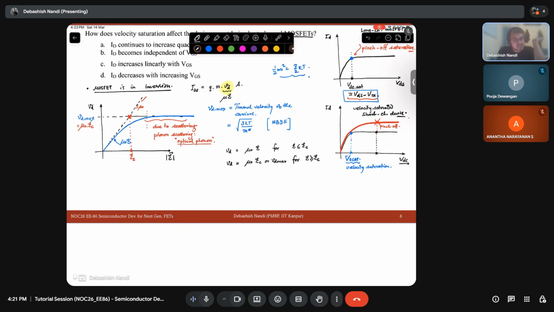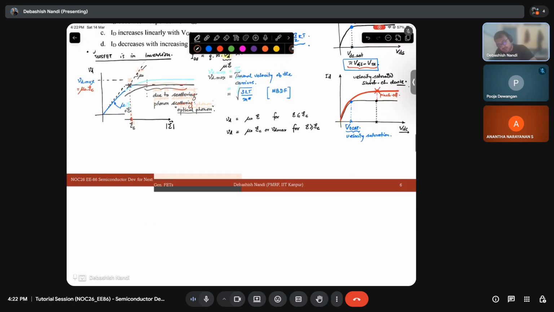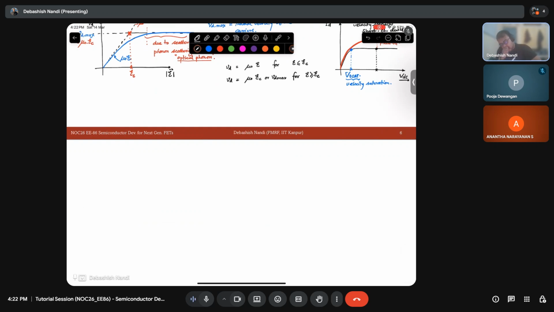Parallel resistances, mobilities, what is the rule? Tell me how do I model this? For example, I have one line EC, one line E. I need to get the lower line.